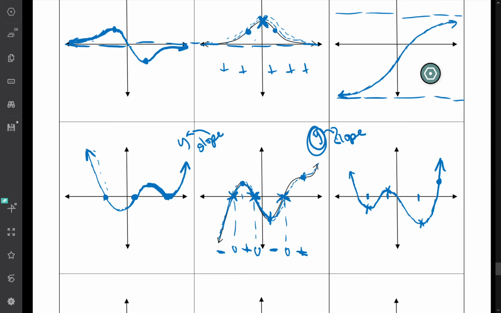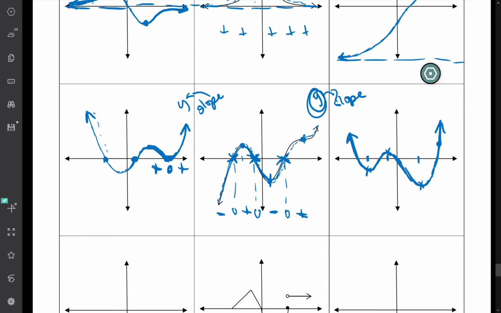There's no concavity, so concavity is positive, 0, and then back to positive. So positive concavity means concave up. 0 concavity means it behaves linearly at one single point. So this is bending up, and then it straightens out for just an instant, and then it bends again. So I would not be looking for that to really show up as anything, but just to point out that there is something going on there. It's just kind of hard to show.